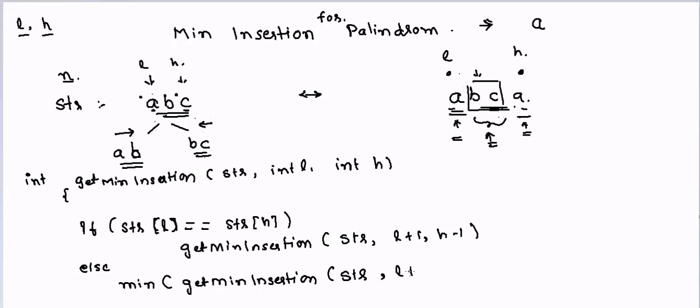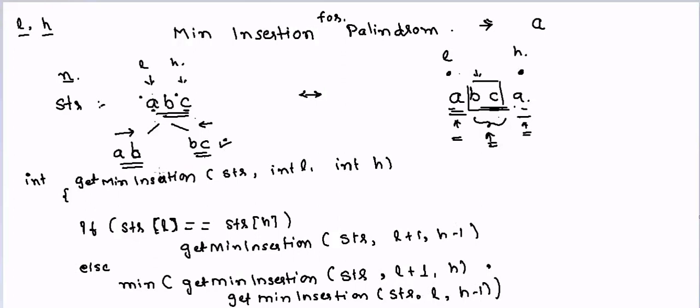So string L plus 1 and with the same H, that will be this case, B and C, or the minimum between get minimum insertion of string L as it is and H minus 1. That will be AB's case. That we need to return. So over here we'll write directly return, and over here as well return. So this thing we will return directly to our recursive function.